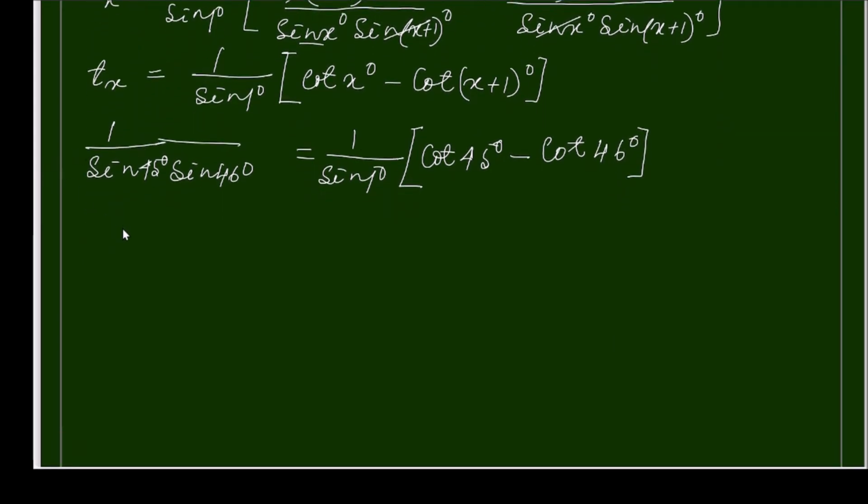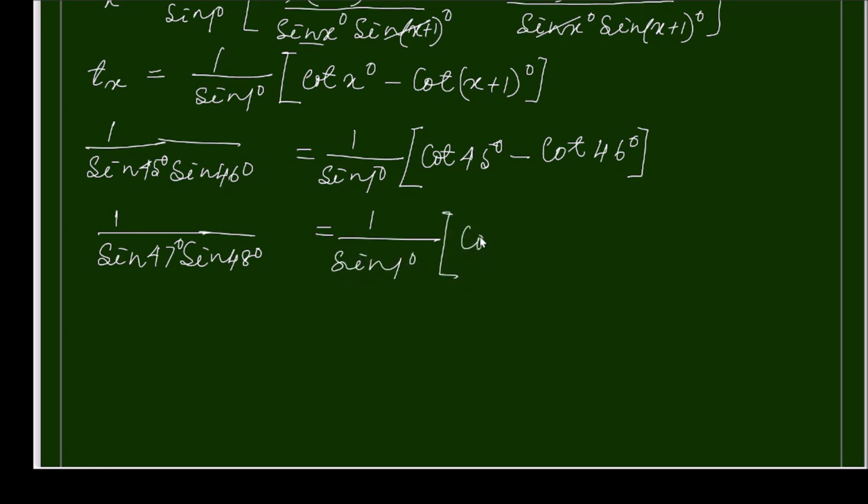What will be the next term? The next term is 1 over sine 47 degree sine 48 degree. This will be 1 over sine 1 degree, cot 47 degree minus cot 48 degree.